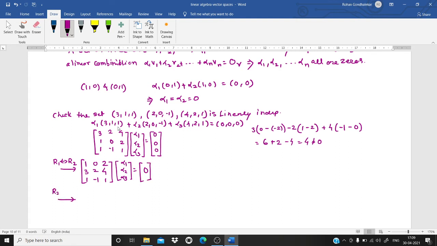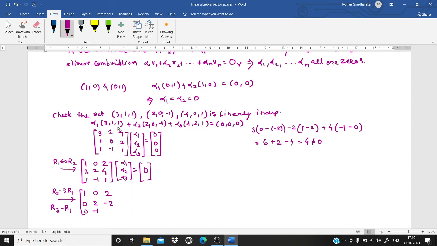Next is R2 minus 3 times R1 and R3 minus R1, which gives me 1, 0, 2. Here 3 minus 3 gives me 0. 2 minus 3 into 0, that is 0. So we have the 2. 4 minus 6 will be minus 2. Next is 1 minus 1, 0.